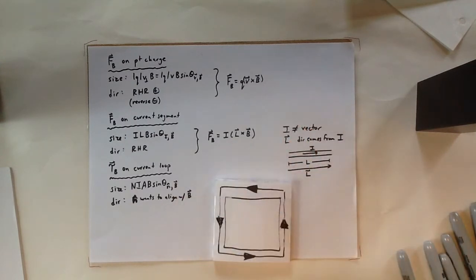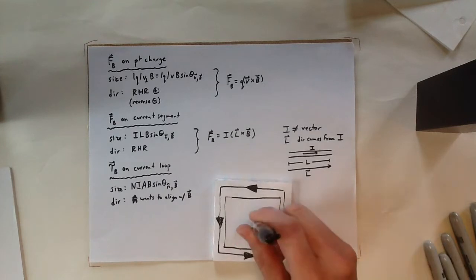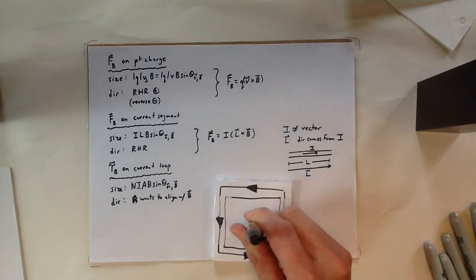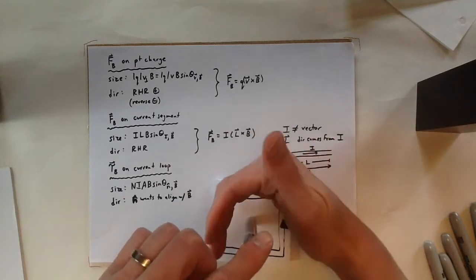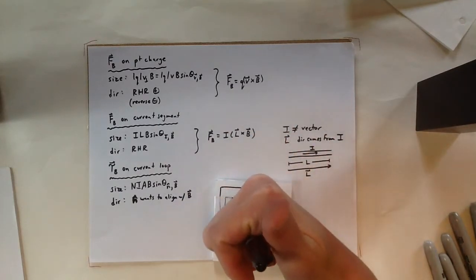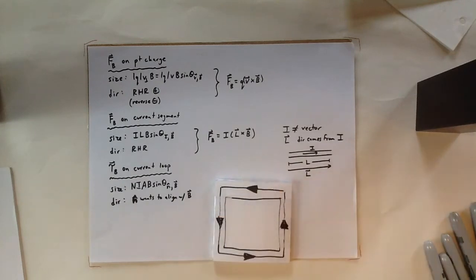It sits in a magnetic field of some direction, and there's this construct called the normal vector, which is basically a vector that points outward, perpendicular to the plane of the area. The way that you get its direction is you wrap your fingers around the direction of the current, and your thumb gives the direction of the normal vector, like so.